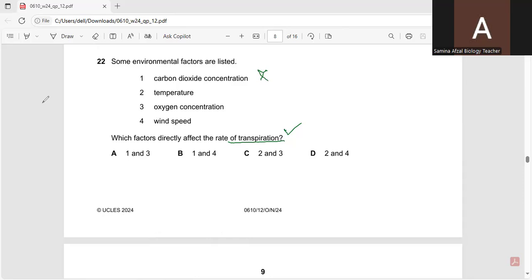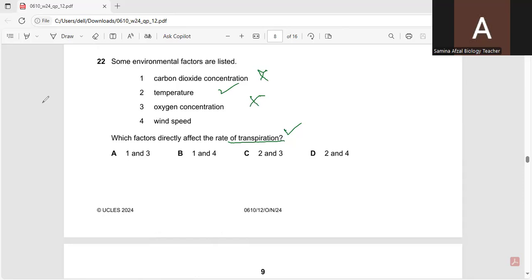The second option is temperature. If temperature is high, the rate of transpiration will also become high, because there will be more heat around the plants, so more water will be evaporated and more transpiration will occur. So temperature is one factor which affects the rate of transpiration. The third one is oxygen concentration. Again, this is a gas and does not affect the rate of transpiration.